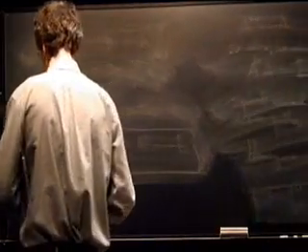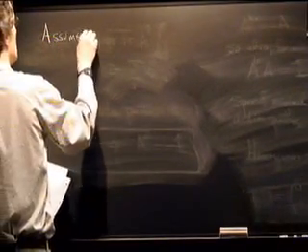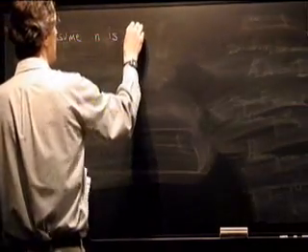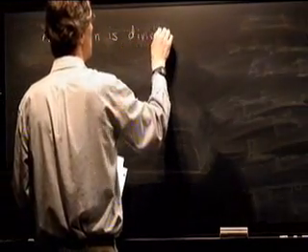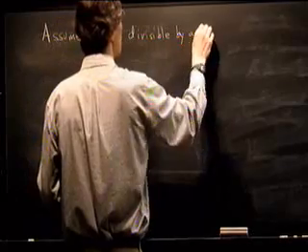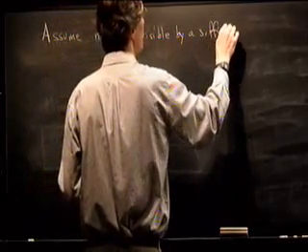So what's the pattern here? Assume n is divisible by a sufficiently large power of 2.